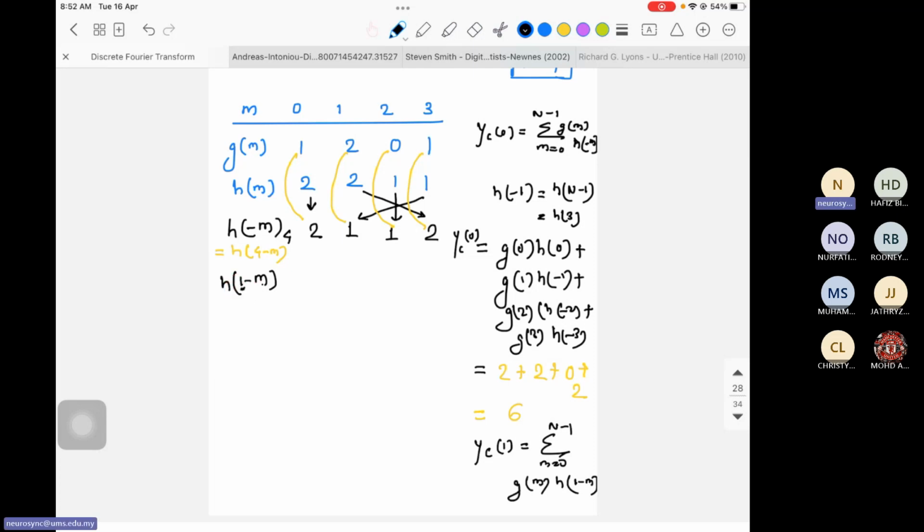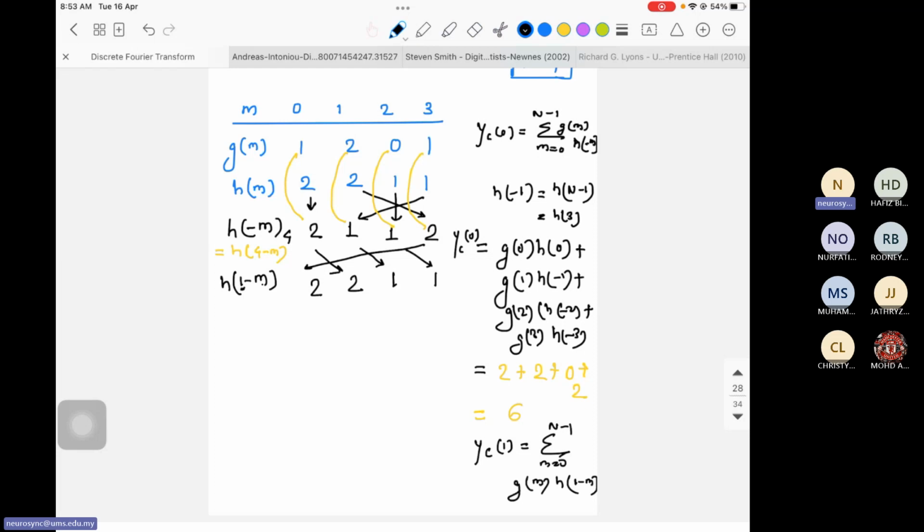So 2 you will get here, 1 you will get here, 1 you will get here, and this 2 goes here and comes across this. So you will get the sequence like this. This term basically comes here.